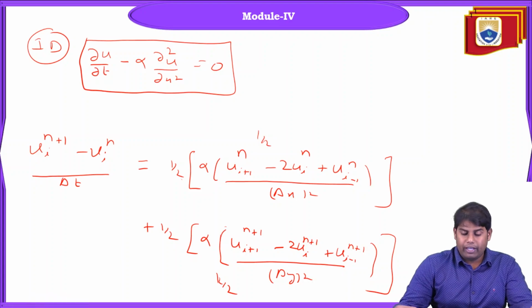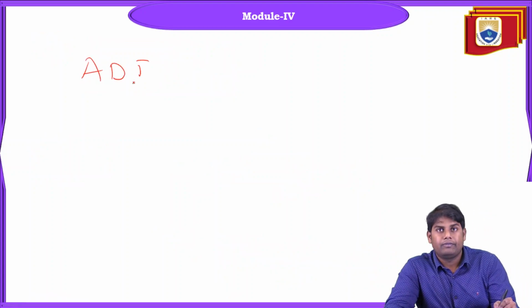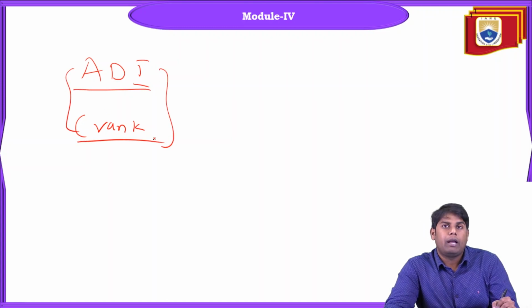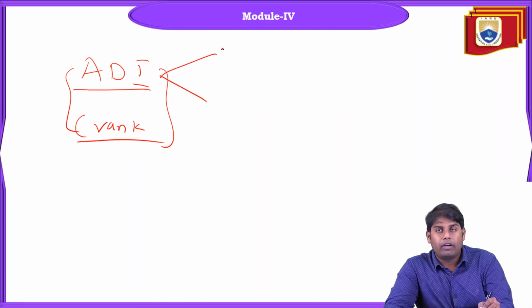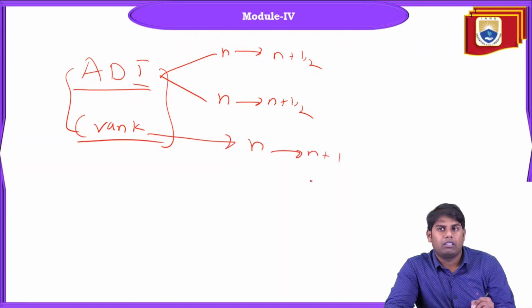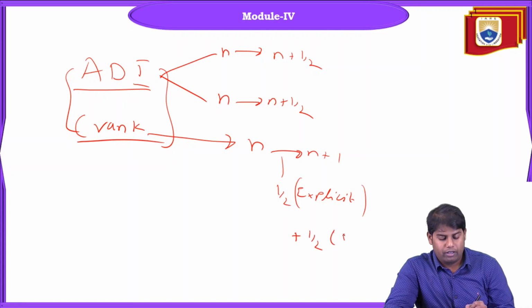So what is the difference between ADI and the Crank-Nicolson scheme? In ADI you have two steps: one between n and n plus 1 by 2, and the other from n plus 1 by 2 onward. In Crank-Nicolson it is straight from n to n plus 1, but in the equation you are doing half explicit plus half implicit.